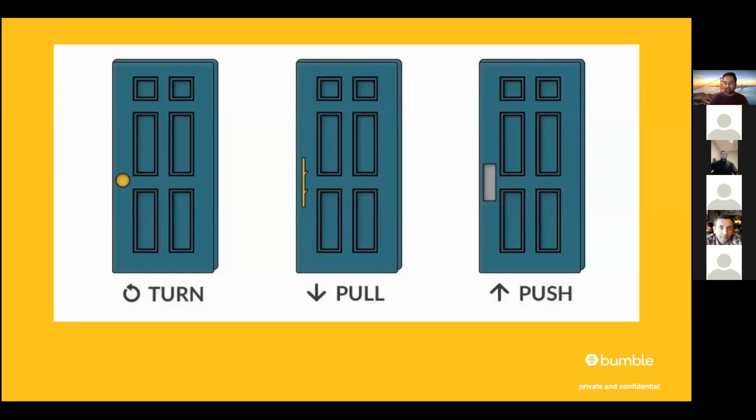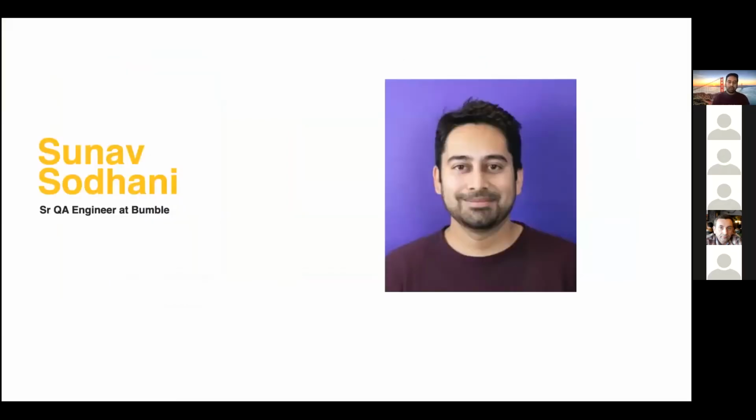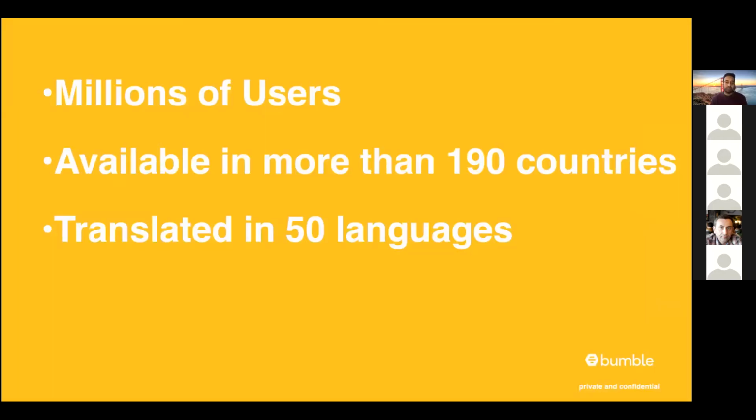A quick formal introduction about myself. My name is Sunav Sodhani. I'm currently working as a senior QA engineer at Bumble. For those who have not heard about Bumble, we are one of the biggest dating platforms globally.